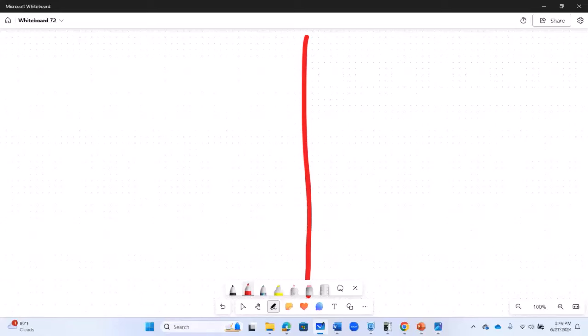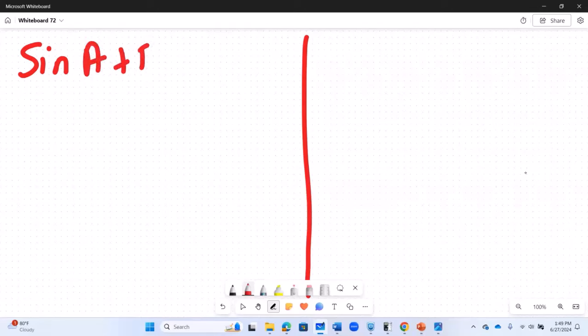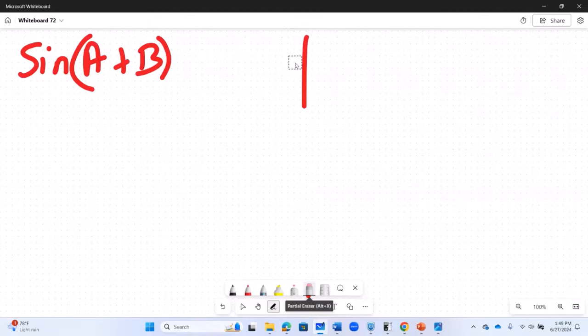Okay, suppose I have sine A plus B. That is a sum identity.